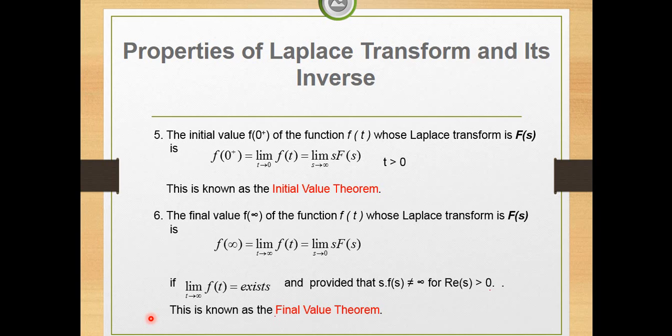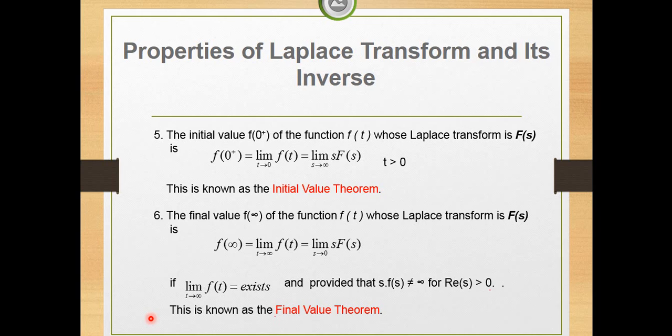The initial value of the function is the value of y of t when the independent variable is set to 0. Meaning, if you have already inverted the function of s, and you already have the corresponding y of x or y of t, if x is your independent variable, then it's y of x.